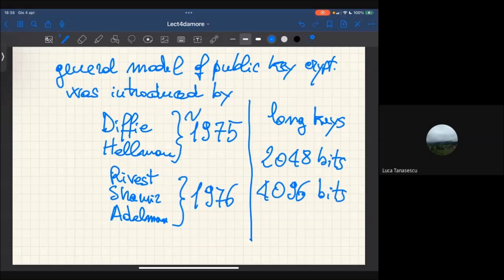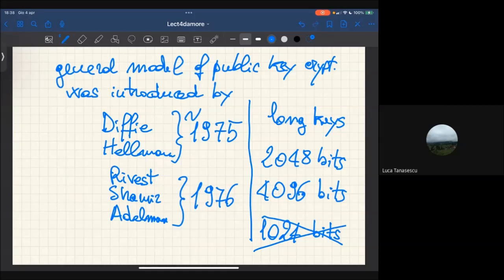And until some years ago, people were using this length, 1024, but now it is no longer secure. Okay, so while time passes, we need longer keys.